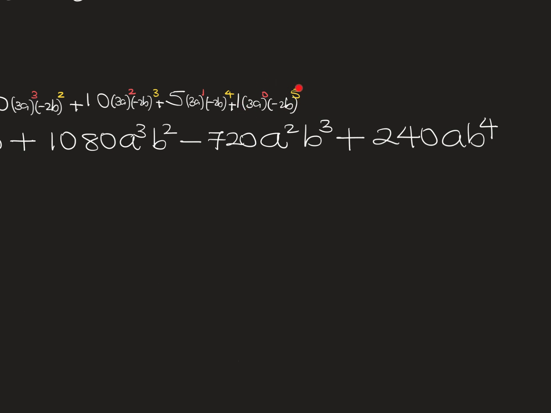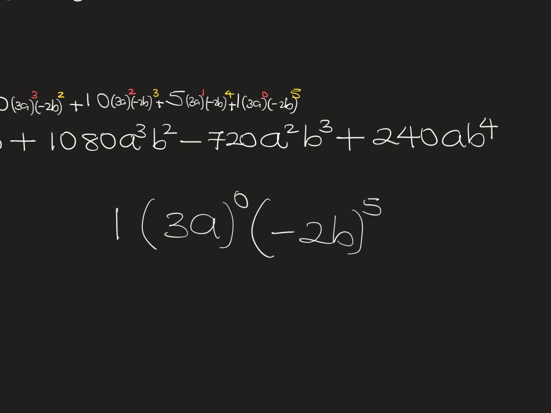So moving on to this expression, which is 1 into 3a to the power 0 into minus 2b to the power 5. Then that is just 1 into anything to the power 0 is just 1. So 3a to the power 0 will be 1 into minus 2 to the power 5 is minus 32.